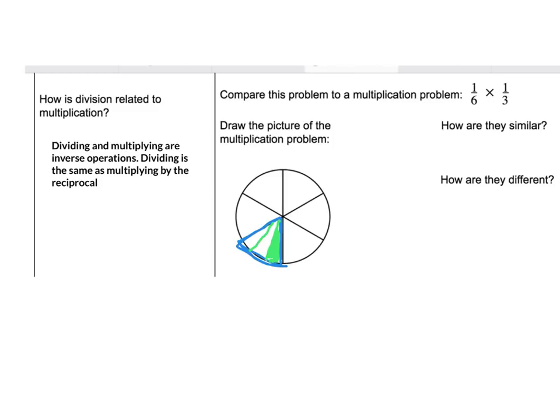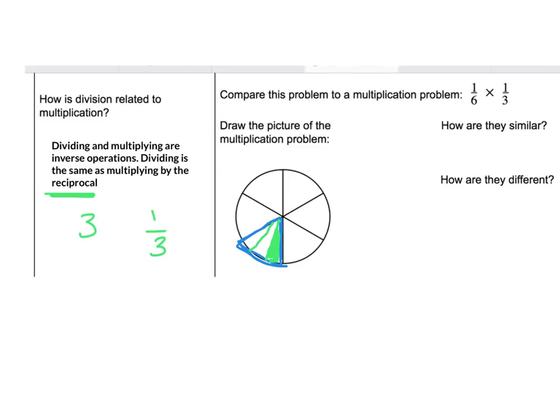The reciprocal, this word is really important, and we're going to come back to that in just a moment. The reciprocal means the inverse of the number that we were dividing by. So 1/3 and 3 are reciprocals of one another.